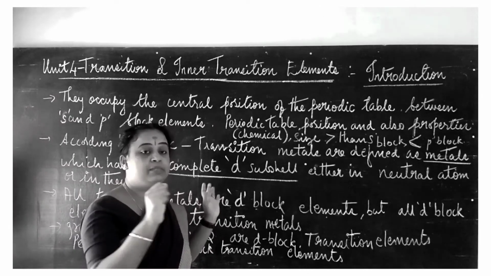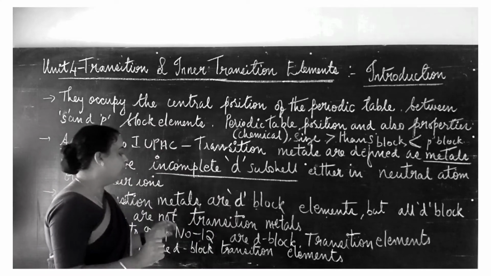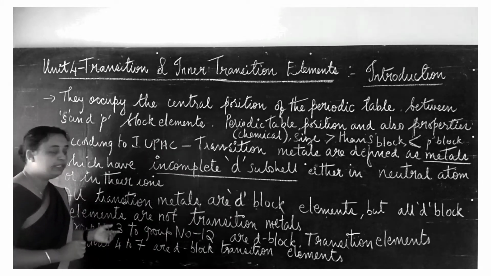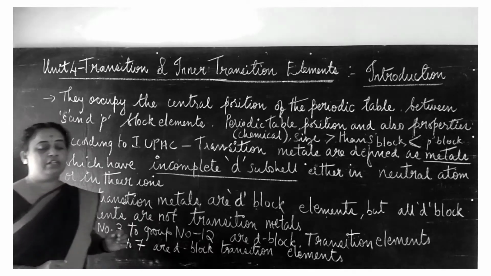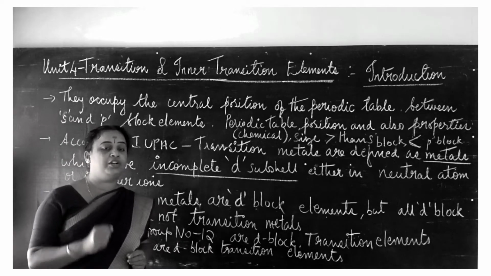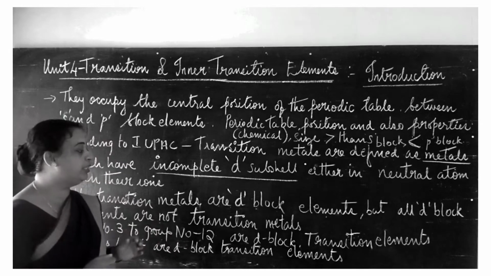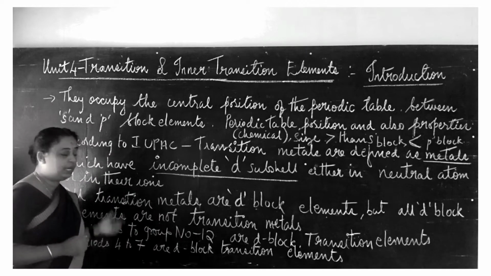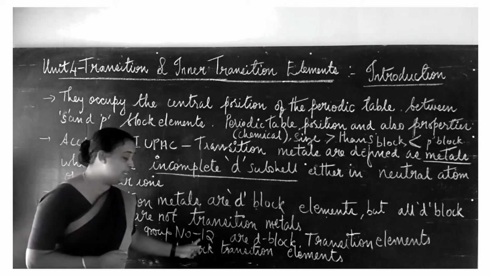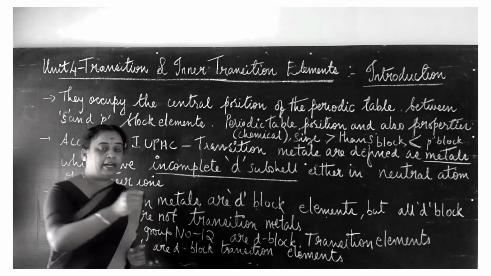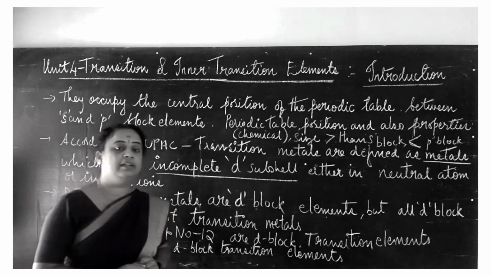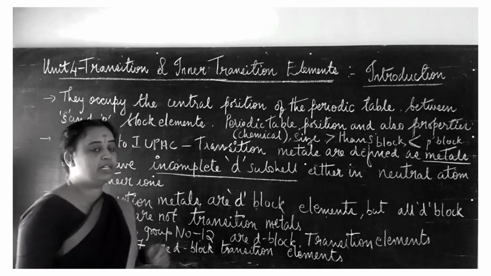So these many groups consist of D block transition elements. If you look into the periodic table given in your textbook, you can easily find the transition elements. They start from group number 3 and end in group number 12. All the elements in these groups are your transition elements.